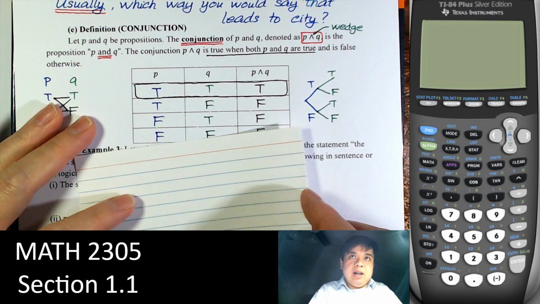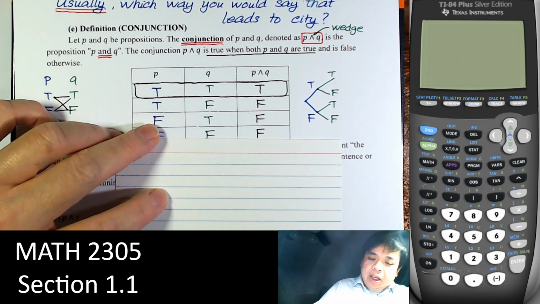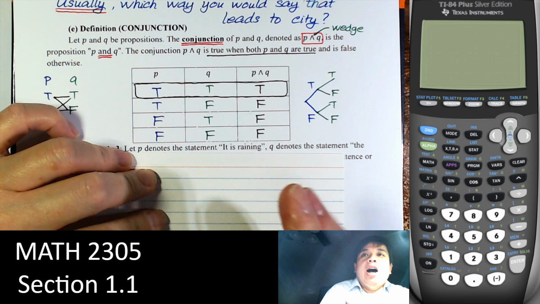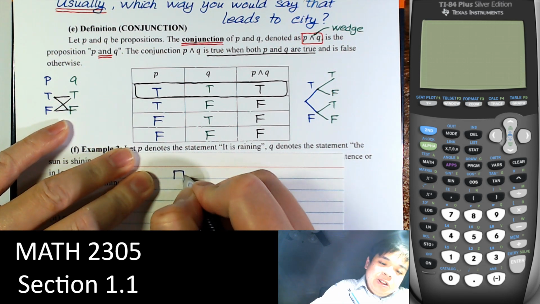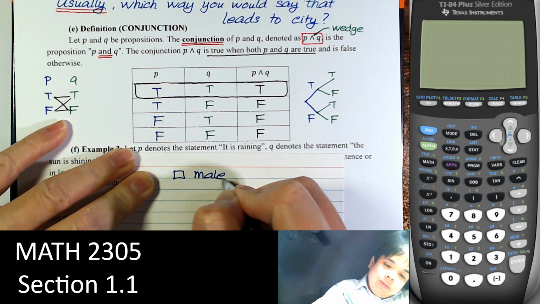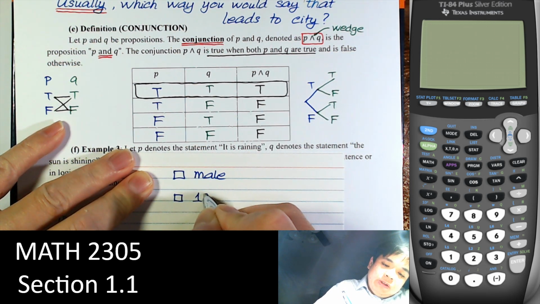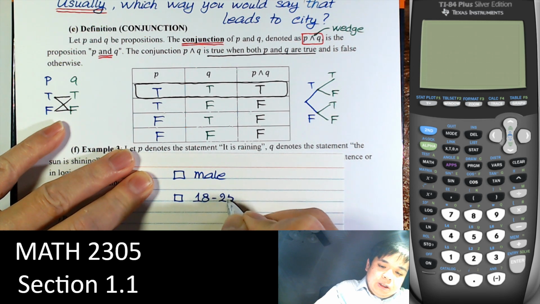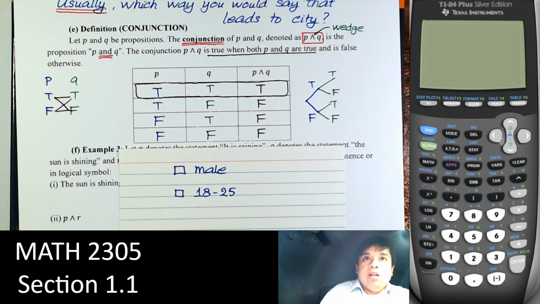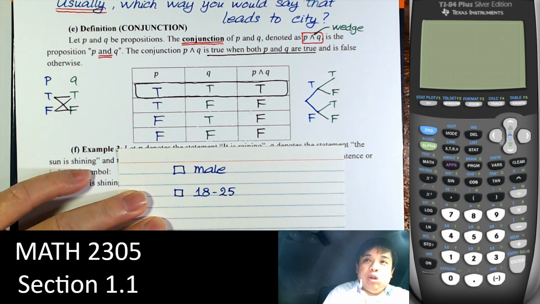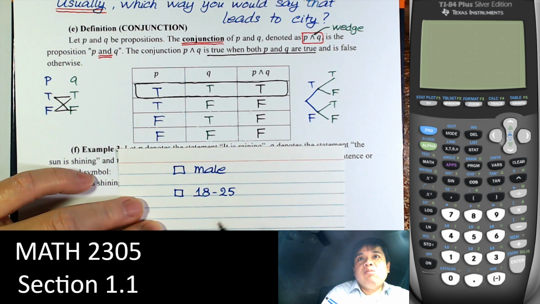For example, let's say the rules for the selective service: every male between the age of 18 and 25 has to register for the selective service. Of course, if you apply for financial aid and you are male between 18 and 25, you have to sign up for the selective service, those kinds of things.